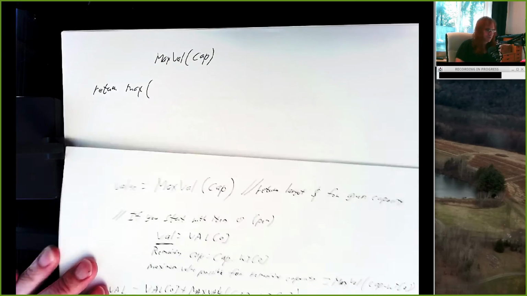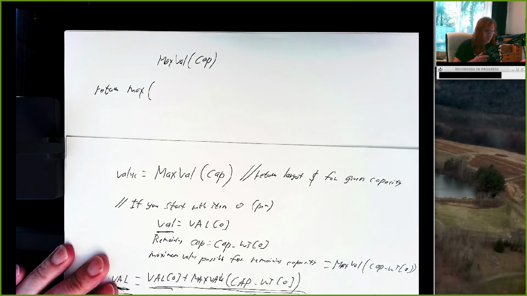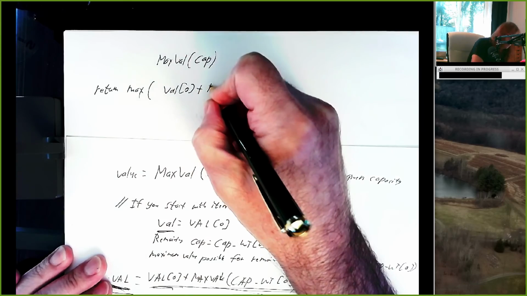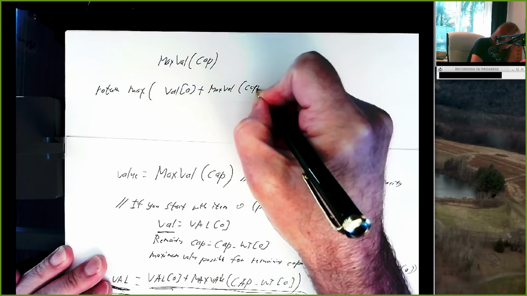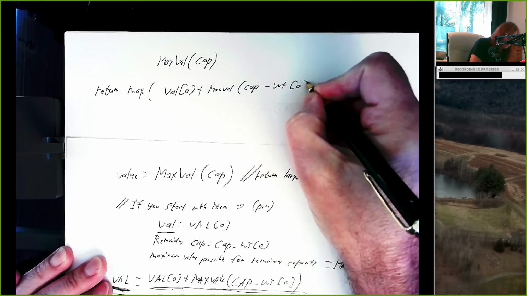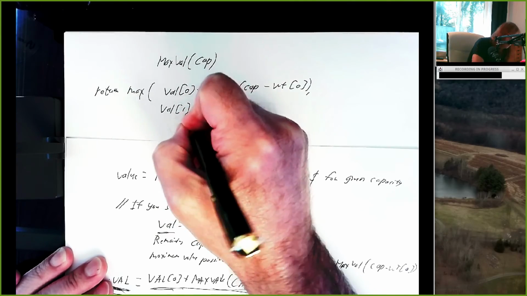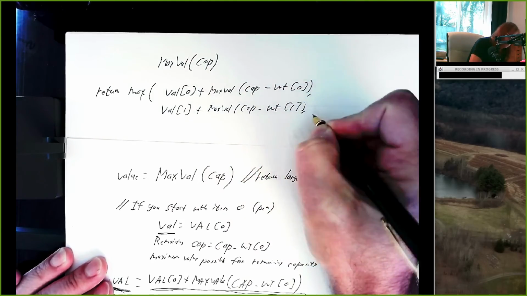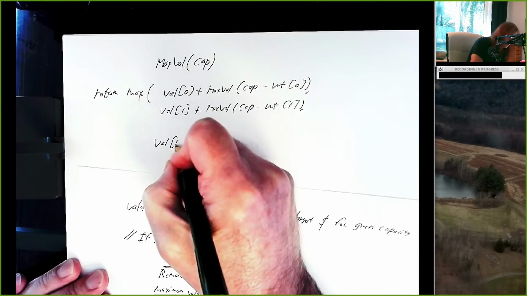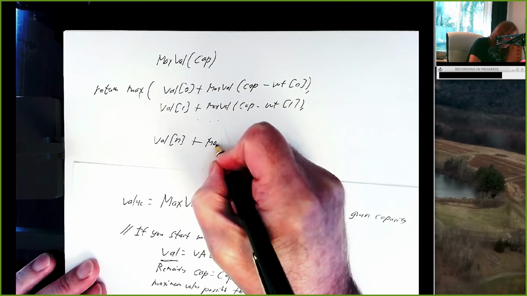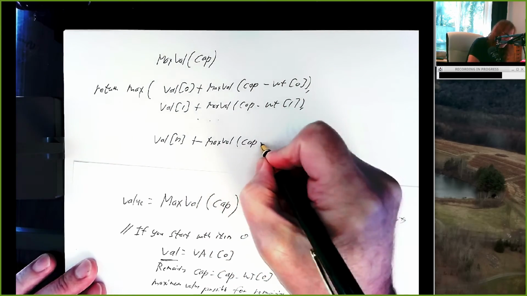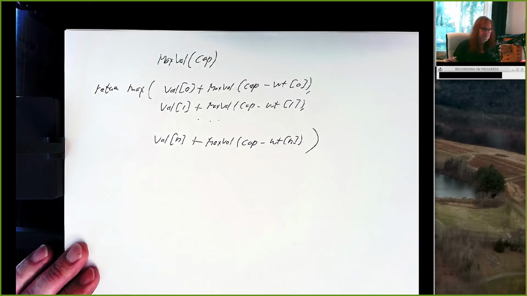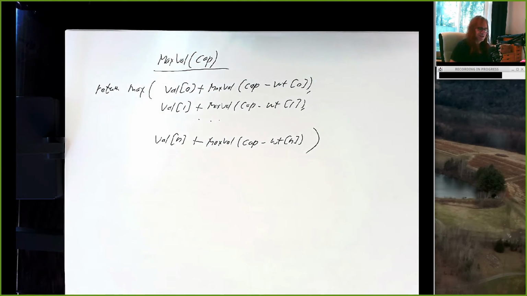So we simply return the maximum of a series of calculations, where the calculations are, for example, value of item 0 plus max val of capacity minus the weight of item 0, value of item 1 plus max val of the bag's capacity minus the weight of item 1, and so on up to whatever our last item is, the value of that item plus the maximum value we can get out of our bag when we reduce the capacity by the weight of that item. So pseudocode, it's a one-liner.